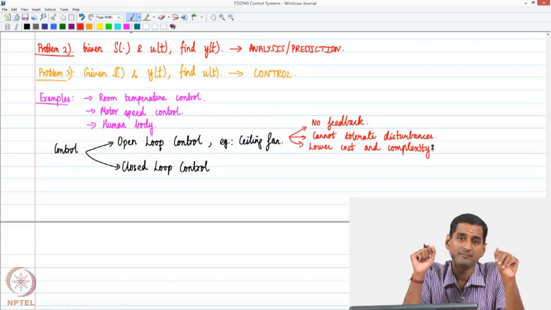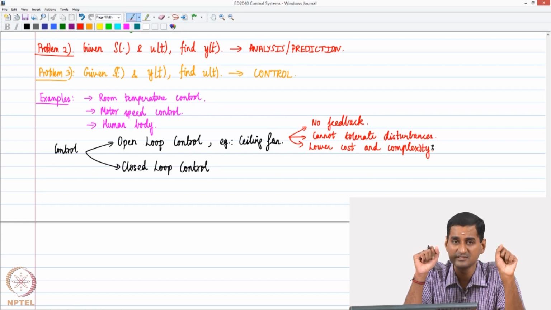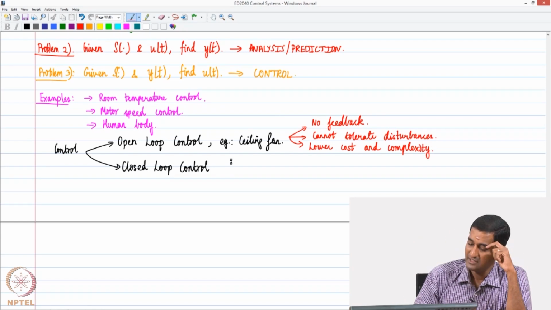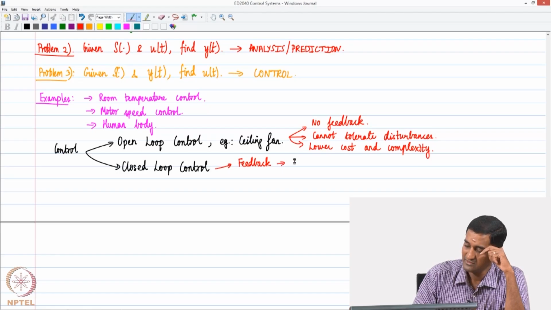Then when that happens we have what is called closed loop control, okay. And closed loop control systems have feedback, okay.